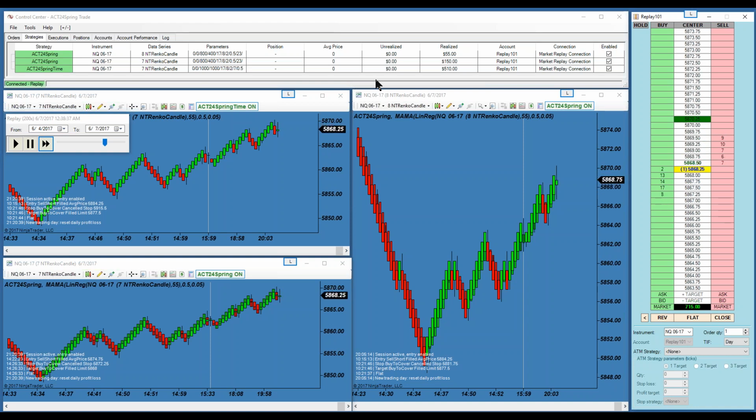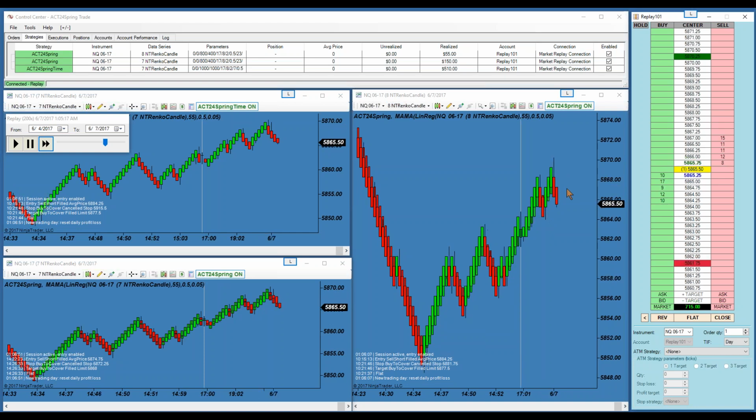And when it's like this, you could expect the number 8 chart to not even trade because it has to move before it can meet the criteria.